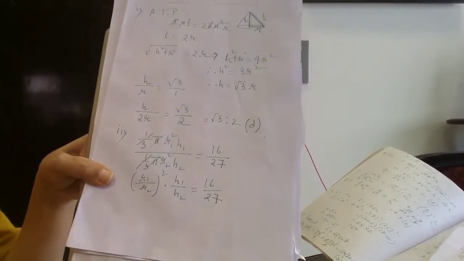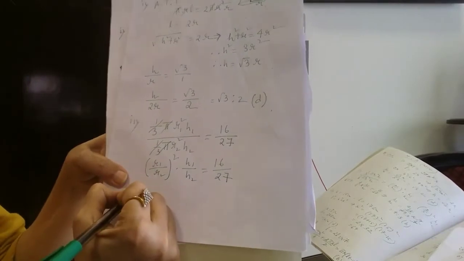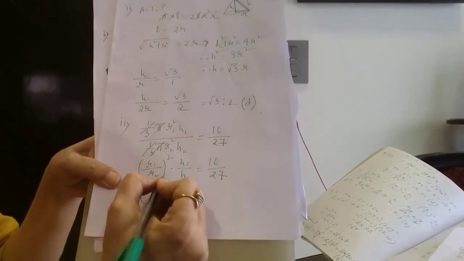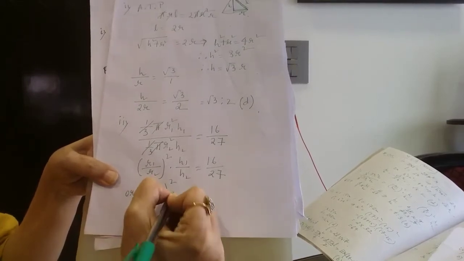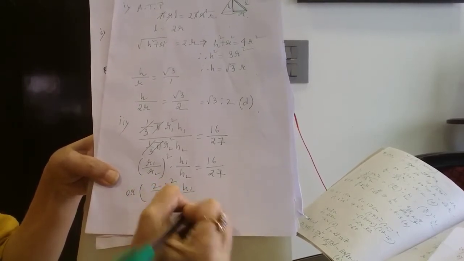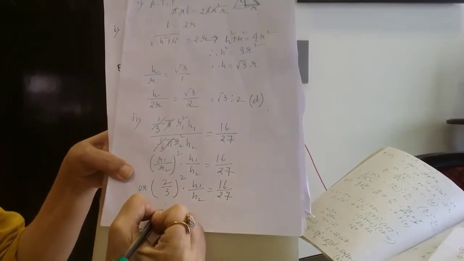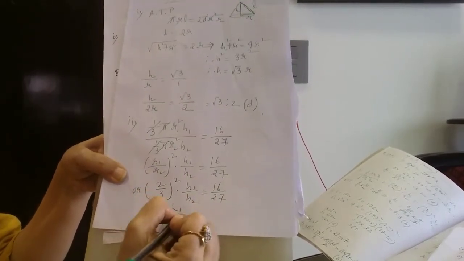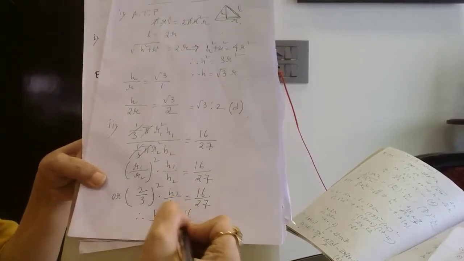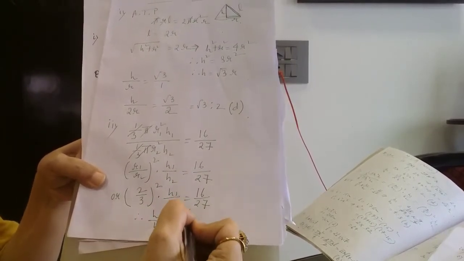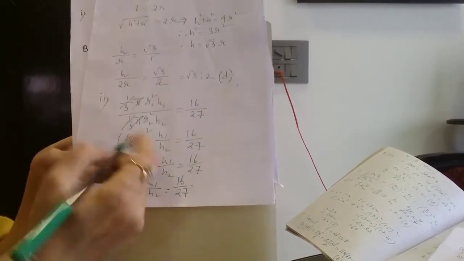Here the ratio of radii is given, that means R1 by R2 is given. So from here what can we write? R1 by R2 means 2 by 3 whole square into h1 by h2 equals 16 by 27. Therefore h1 by h2 is coming 16 by 27, and you will divide this by 4 by 9.